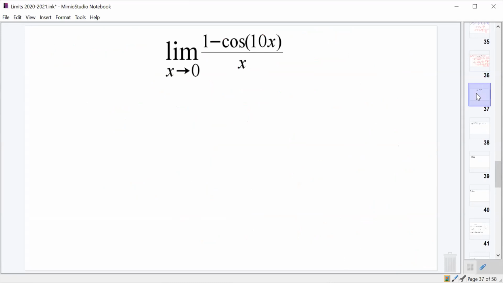Let's do this one. The limit as x approaches 0 of 1 minus cosine 10x over x. Thoughts on this one? Anybody have an idea on this one?